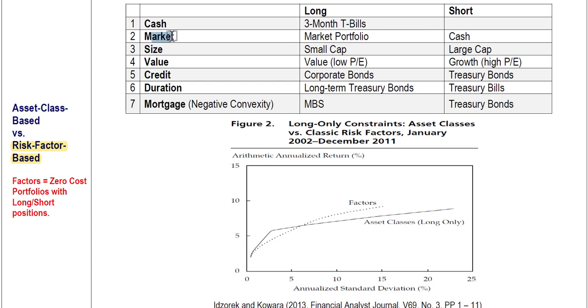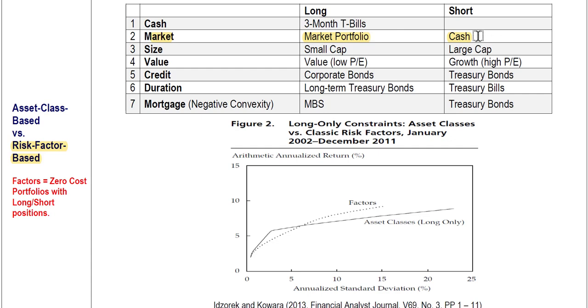Suppose we have the market factor here, so we focus on the market portfolio return minus the risk-free rate. Minus the risk-free rate means you actually have a short position in cash. So for the market factor, you have a long position in the market portfolio like the S&P 500, and a short position on cash.